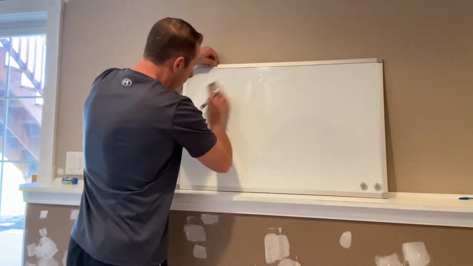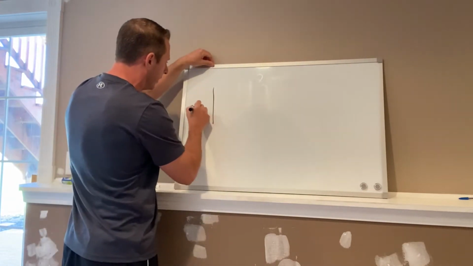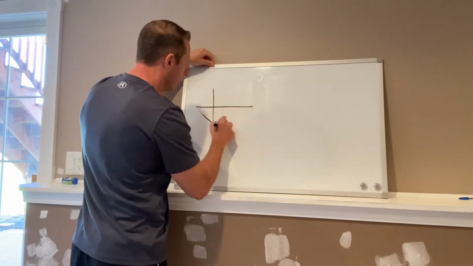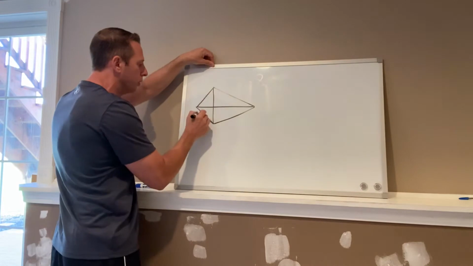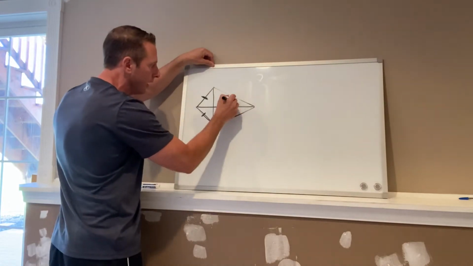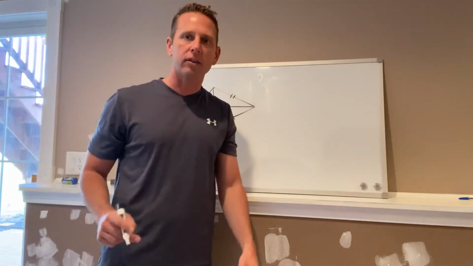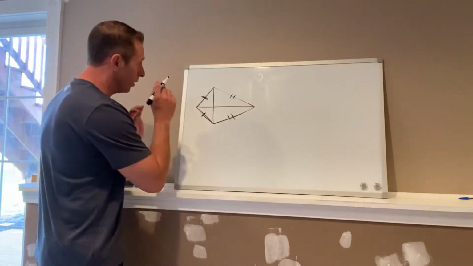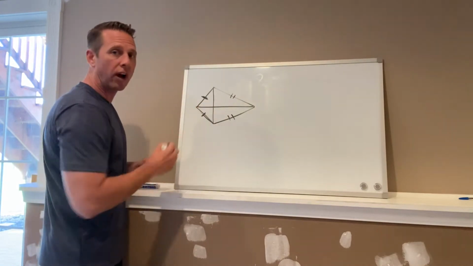So what we did then is we looked at a kite last week. A kite is a quadrilateral with two pair of consecutive congruent sides. There's our consecutive congruent sides. Now the other thing we see about this kite is it's made up of a bunch of triangles.